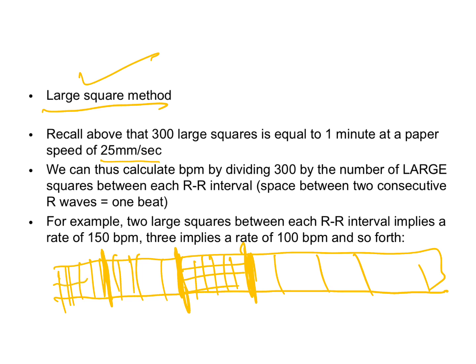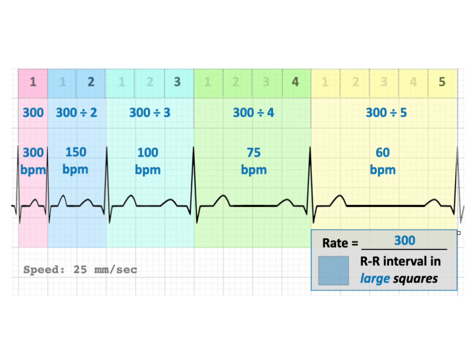So if we see the PQRS complexes, we have to see the number of large scales between 2 R waves. Okay, let's go to the next slide, which will make it more clear.